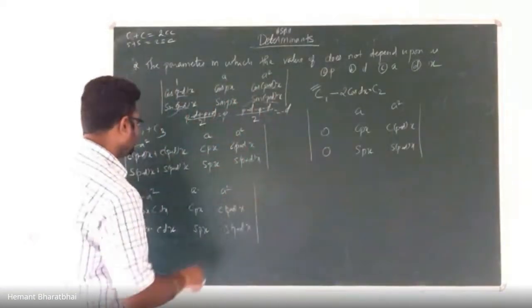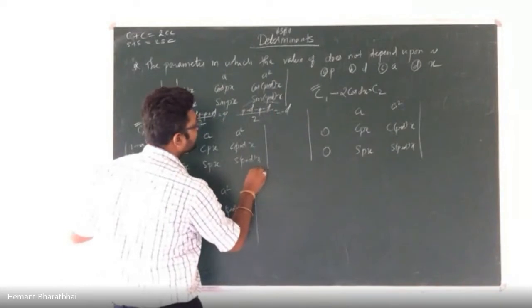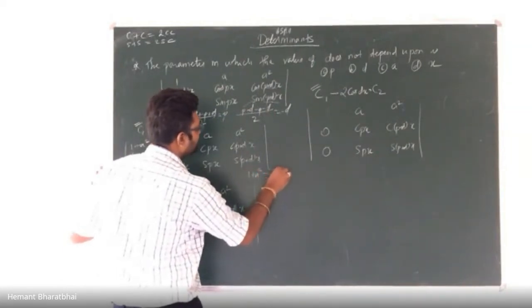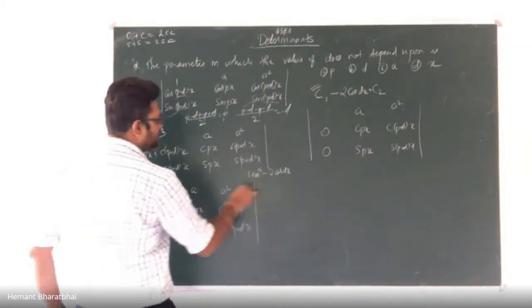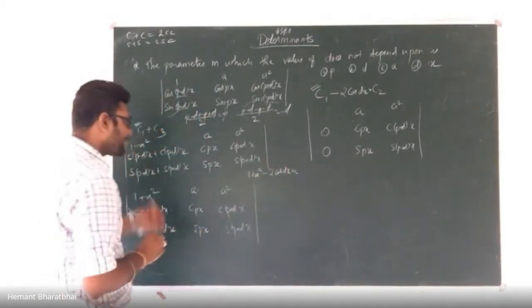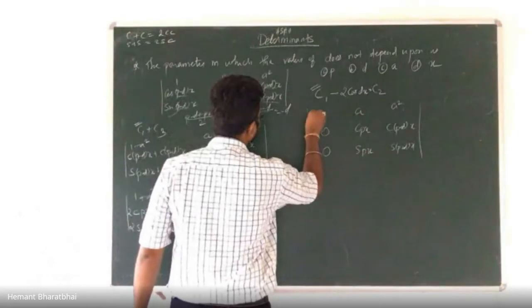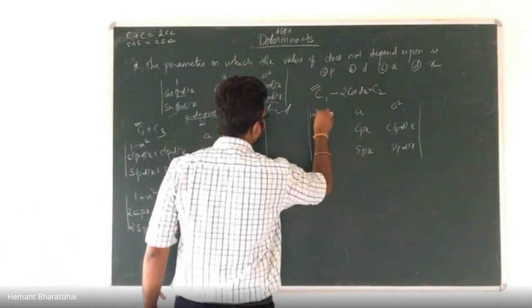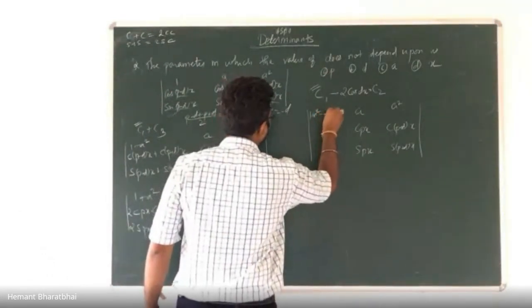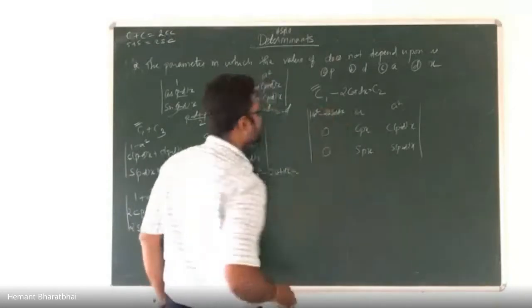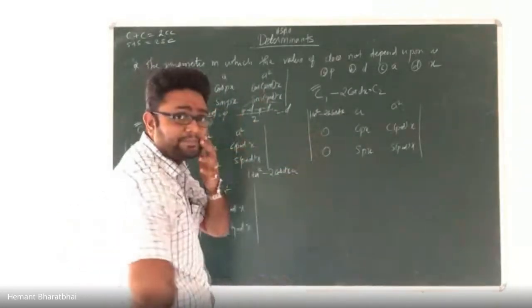And the first term I have over there as 1 plus a square minus 2 into cos dx, and here I have this a. So this will become 1 plus a square minus 2a cos dx. But this 2 became 0.